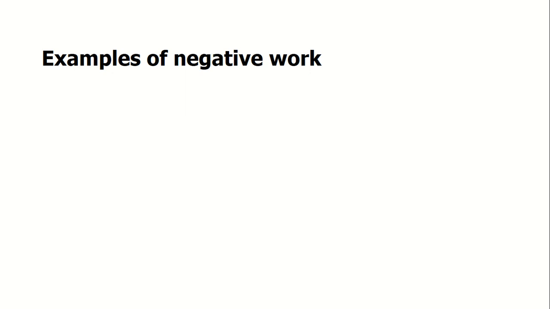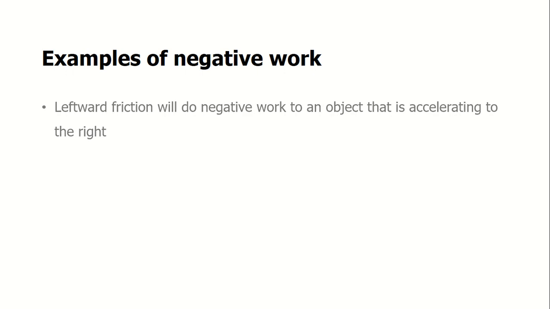Of course, you can also give negative work, or negative work can also be done on an object. Here are some examples. Leftward friction will do negative work on an object that is accelerating to the right. In our previous example, a father was pushing or applying force on a grocery cart to move it forward. So the applied force is doing positive work on the cart.